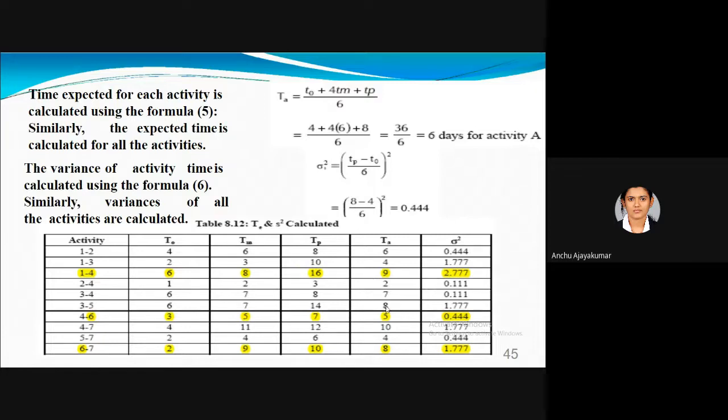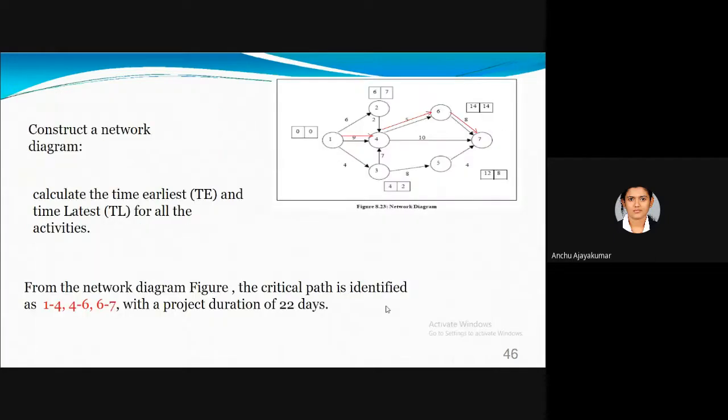Using this Te, you draw the network and identify the critical activities. The highlighted activities are the critical activities. 1, 4, 6, 7 is the critical path for this particular diagram. We construct the network, find TE and TL, find the slack, and find the critical activities.